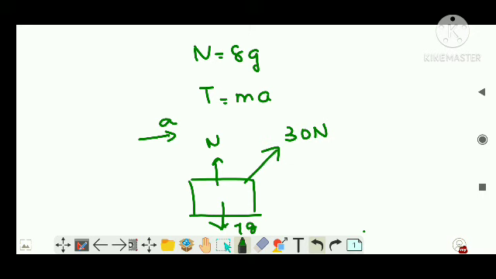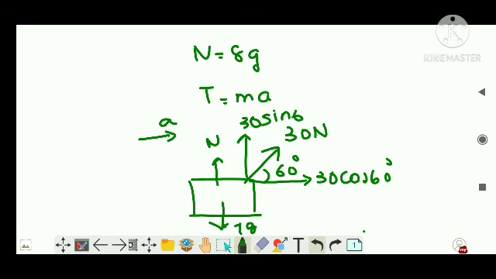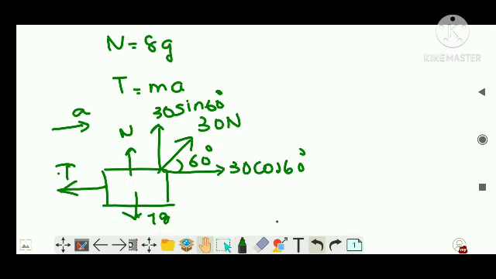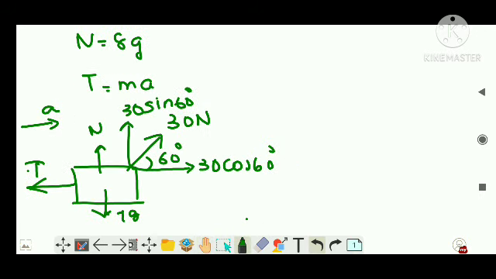And since 30 Newton is acting at a 60 degree angle with the horizontal, this is 30 cos 60 and this is 30 sin 60. That is, I have resolved this force vector into two components. And there is another force, tension away from the body. Now write the components for the forces which are happening in, let's say, vertical.